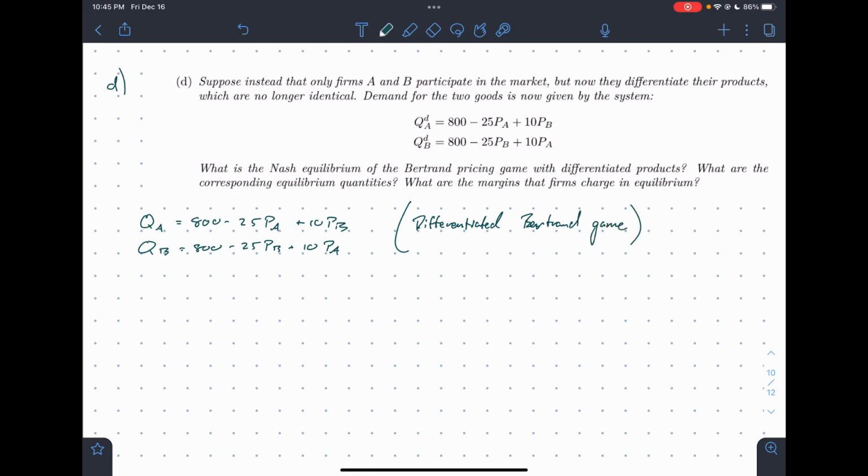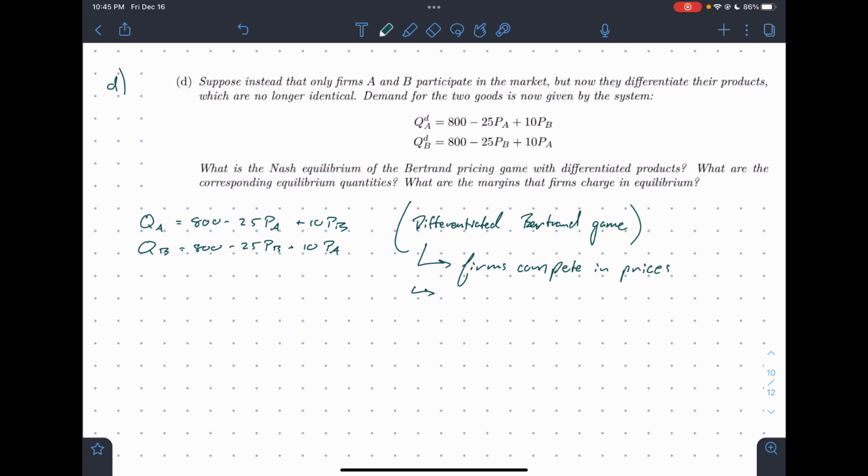And what we're going to do here is we're going to assume firms compete in prices. But one thing that's important to note here is it's not like the homogeneous good Bertrand case, where there was no differentiation between the firms. Here, firms are selling slightly different products.